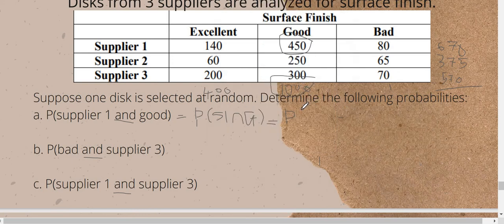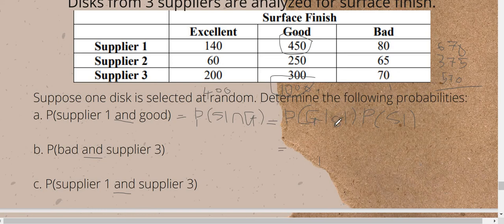Just now we used S1 given G, so can we use G given S1, and multiply here with the probability of S1, because the given one here is S1? Now you can see the difference here, I switched it. So how to answer this?